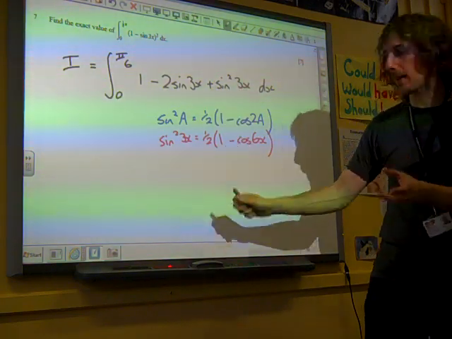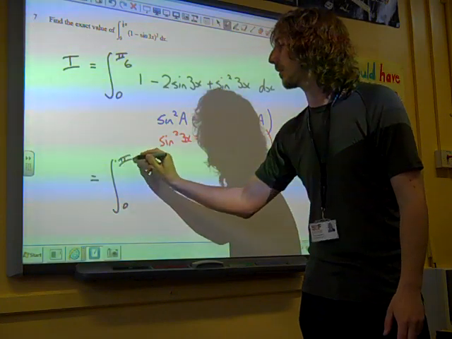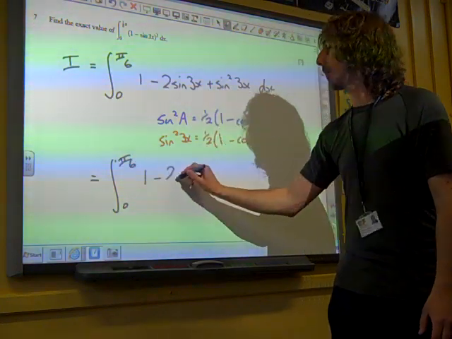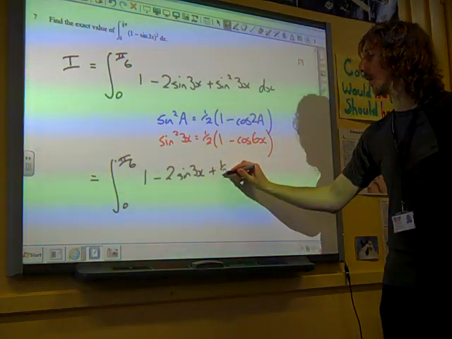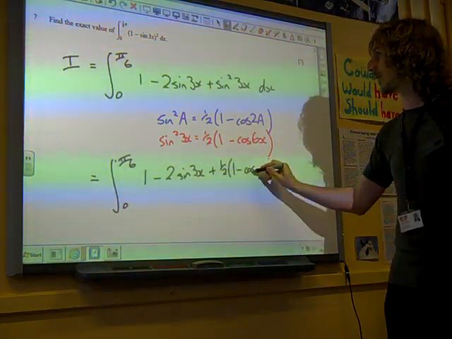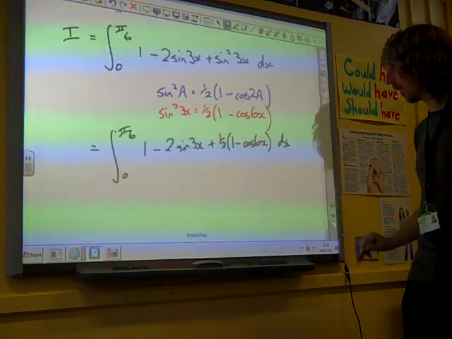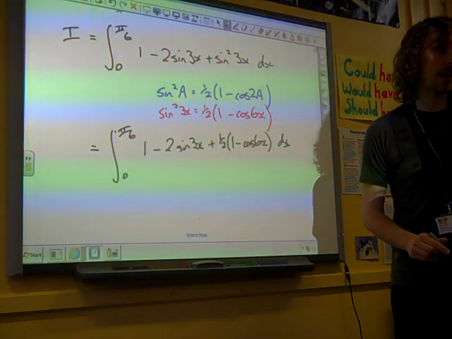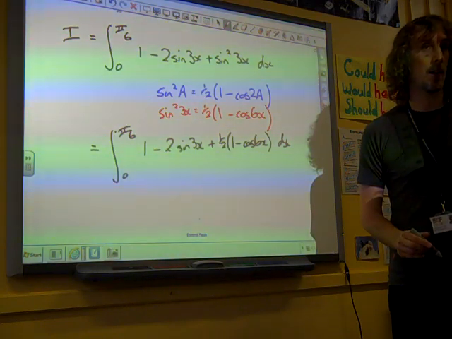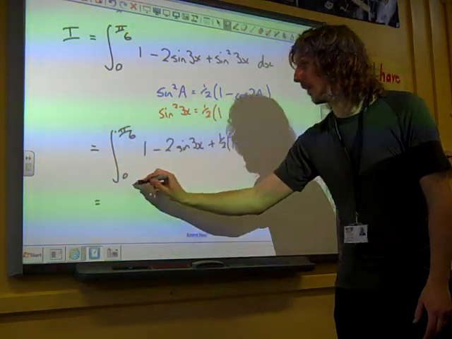So let's plug that back into our integral now. Our integral is the integral from 0 to pi by 6 of 1 minus 2 sine 3x plus a half of 1 minus cos 6x dx. Notice again, just like the last one, I'm holding back from actually integrating until I've got everything all tidied up and neat.